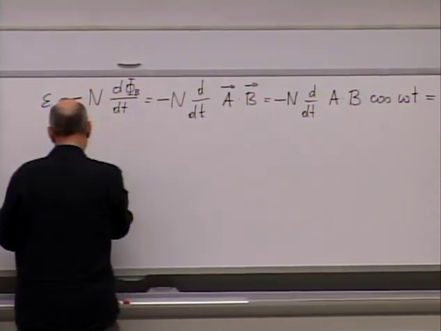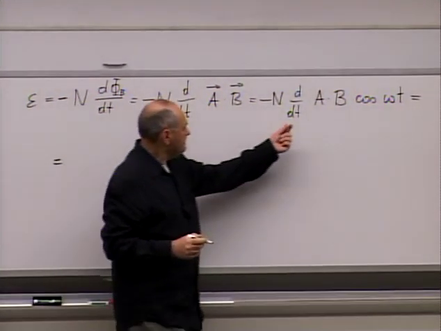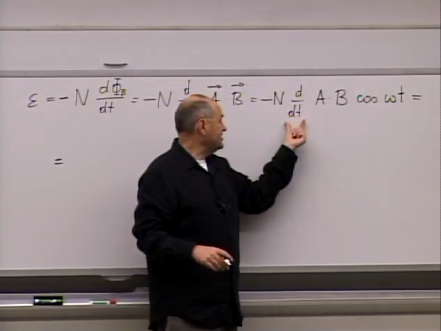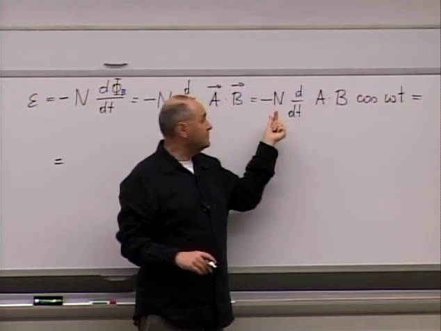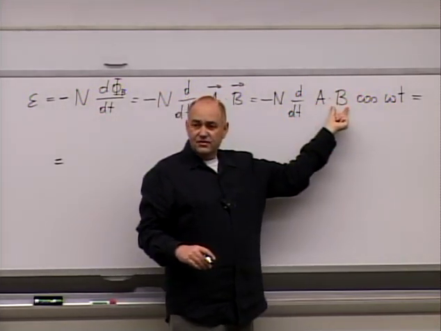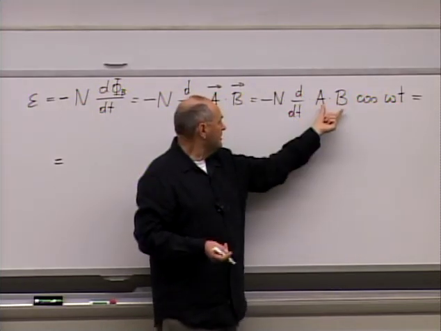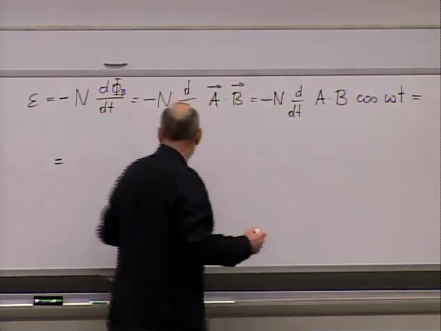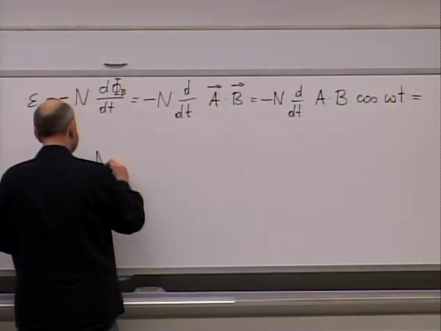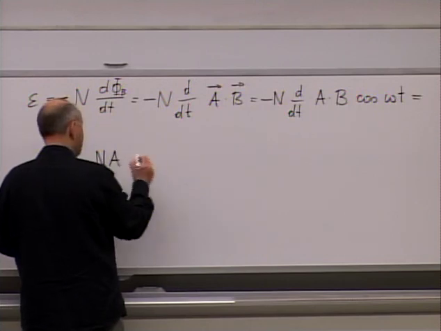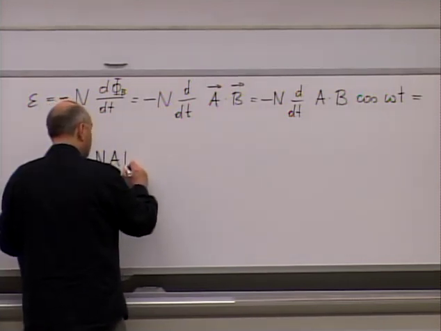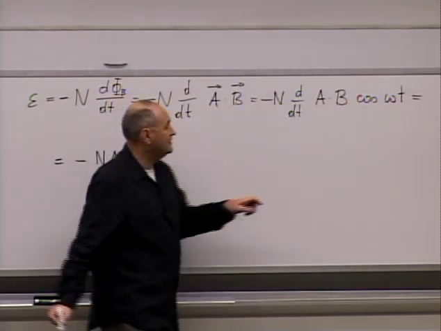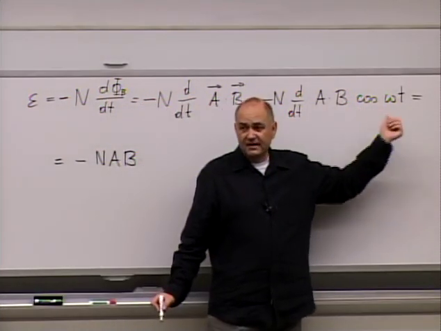Let's now calculate this derivative. The area of the loop is time independent, so I can take it in front of the derivative. The magnetic field strength produced by the magnets in which that rotor rotates is also time independent, so I can take it in front. So I will have minus number of loops, area of the rotor, magnetic field strength, and now we have to calculate the derivative of cosine omega t.